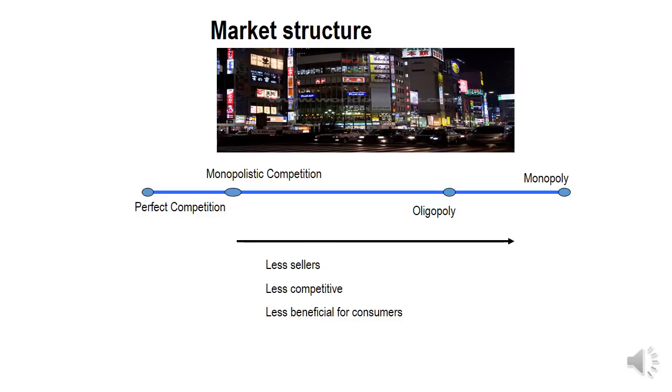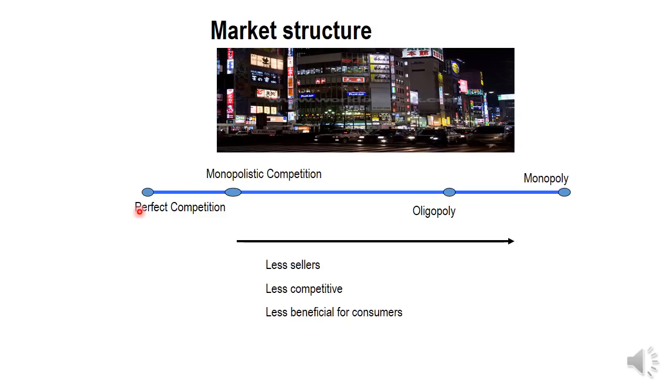Now, when we look at market structures from the left to the right, perfect competition and monopoly are extreme ends. In monopoly, you have only one seller. In perfect competition, you have many small sellers. Now, how do we understand market structures in general?